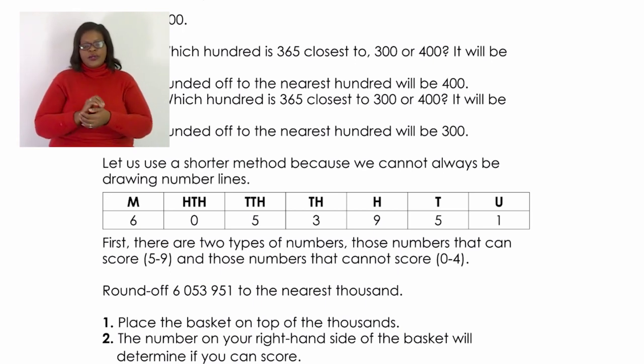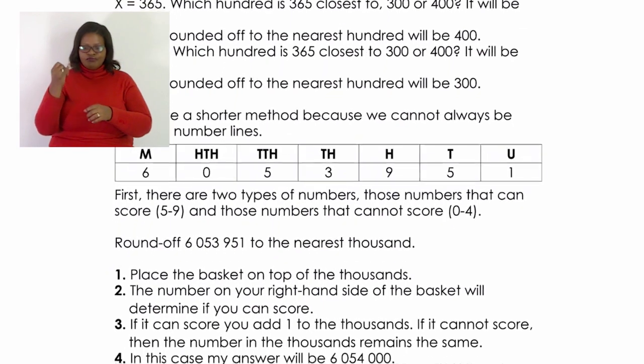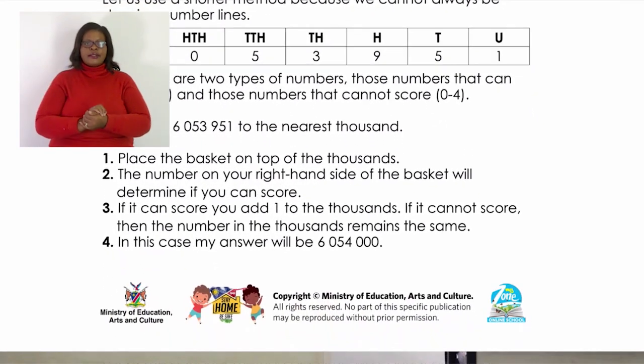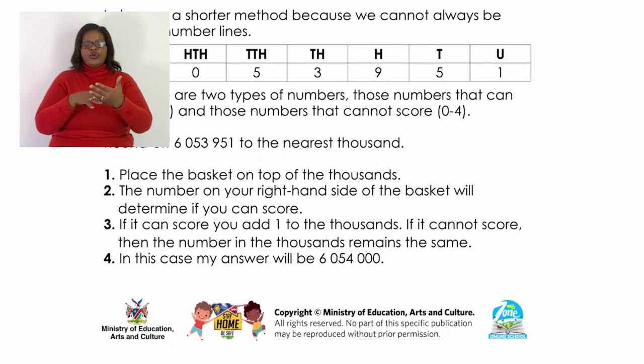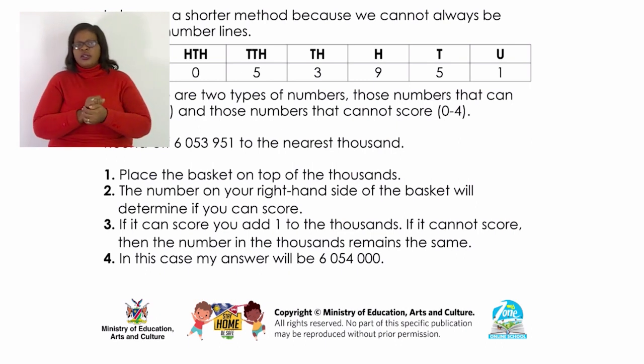Let us use a shorter method because we cannot always be drawing number lines. There is a chart or a diagram here which indicates the place values and the numbers. We need to make a little correction there at 0, 5, and 3, meaning at 100,000, 10,000, and 1,000.